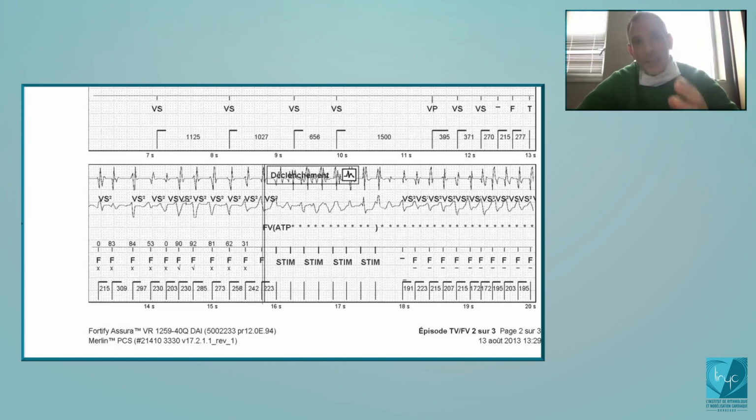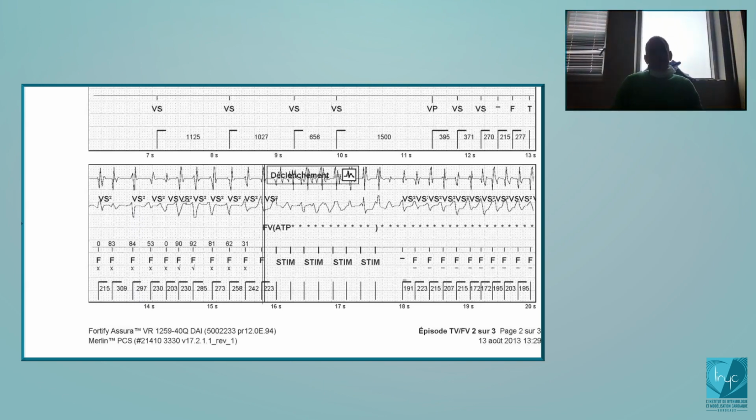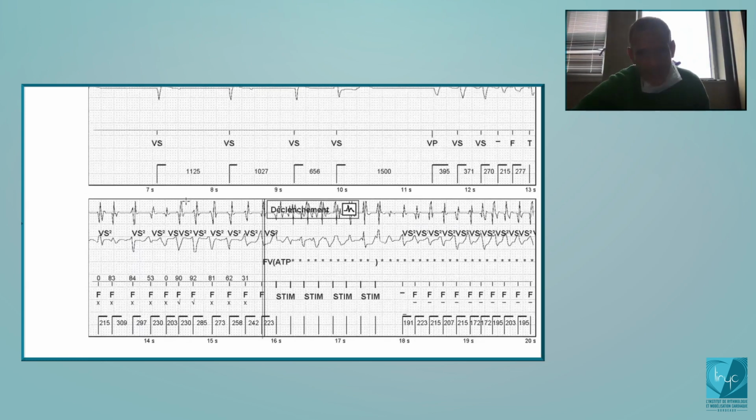And you will use the same channel as for the discrimination. What was the reason for the development of this algorithm initially? It's to prevent inappropriate shock on noise. Yes, on lead noise.